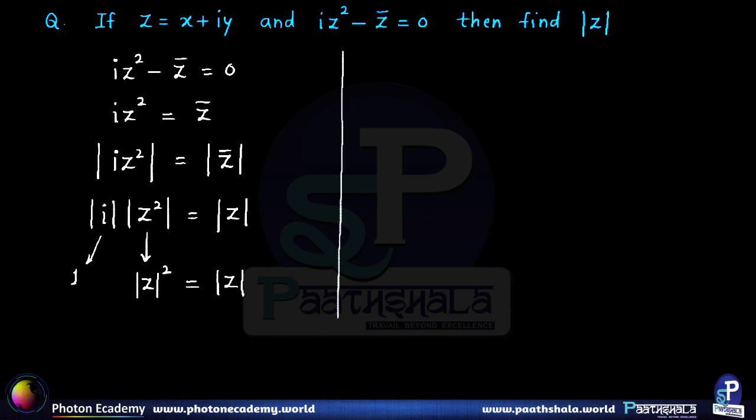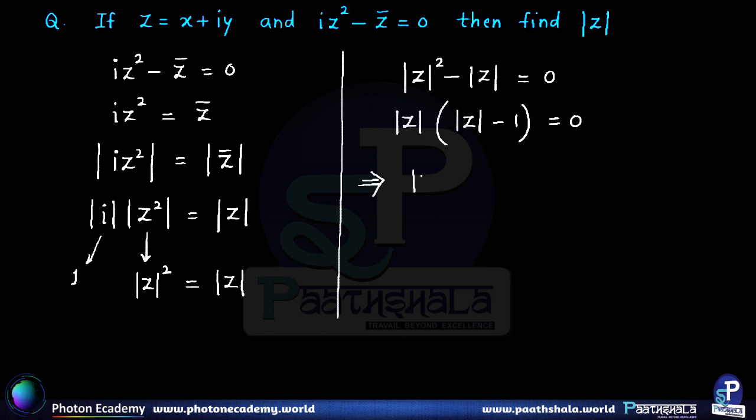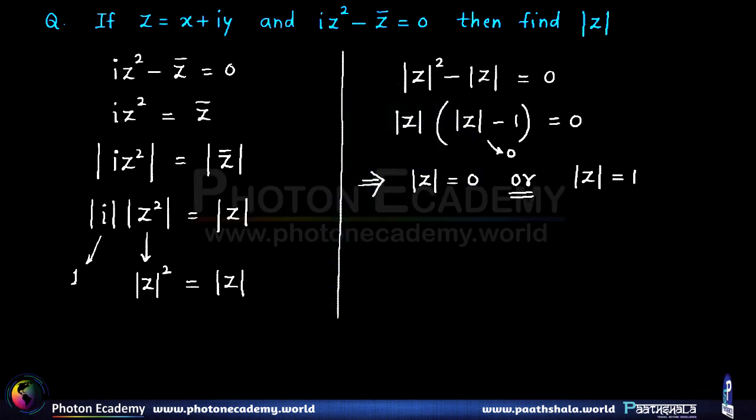So now if we bring the mod z on the left side, we have mod z the whole square minus mod z equal to 0. So taking mod z common, we have mod z into mod z minus 1 is equal to 0. So that implies mod z is either 0 or the bracket is equal to 0. That means mod z has to be equal to 1. So there are two probable values of mod z, which is either 0 or 1.